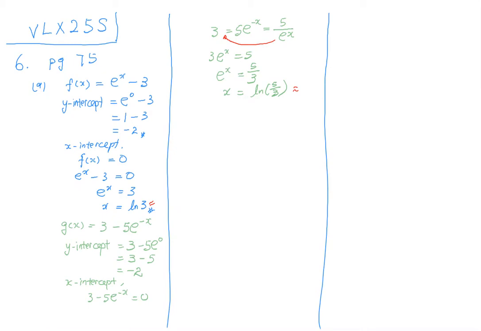Yes, it's approximately 0.51. And ln 3, the approximate value should be 1.1. Yep. So why do I need the approximate value? So that I can know roughly where the location is.